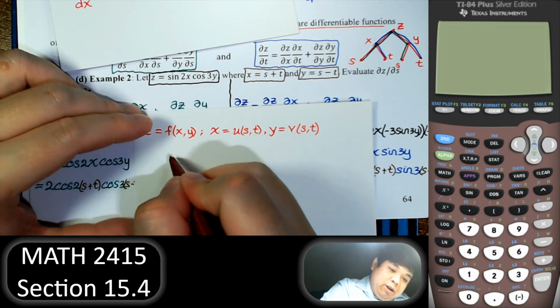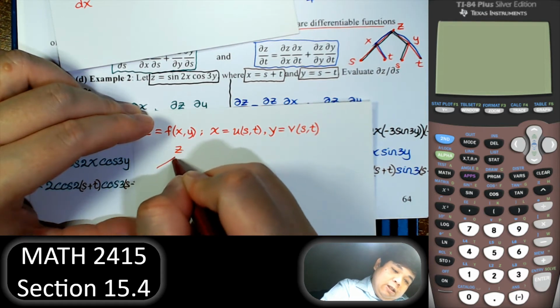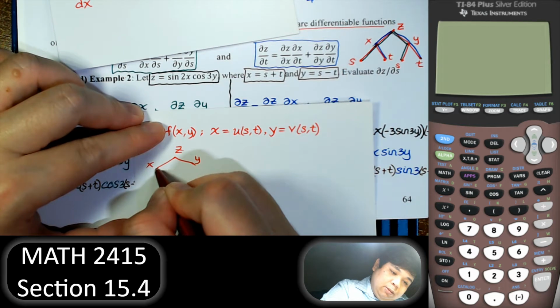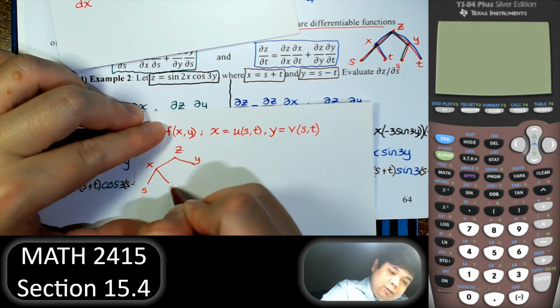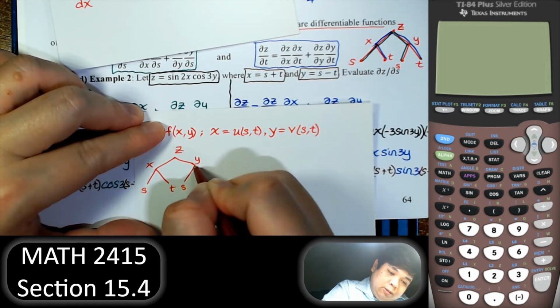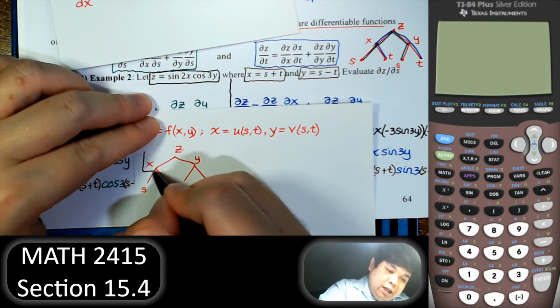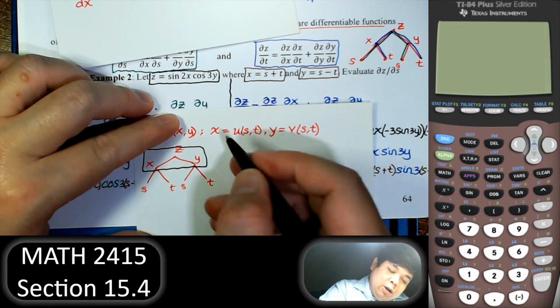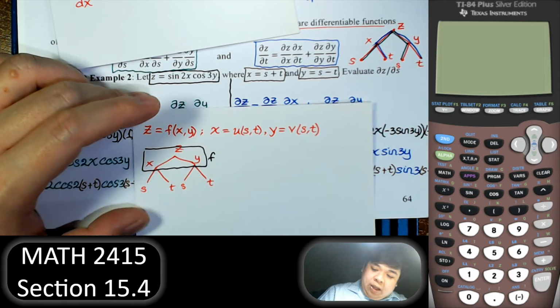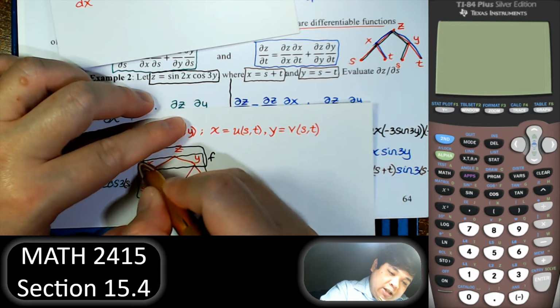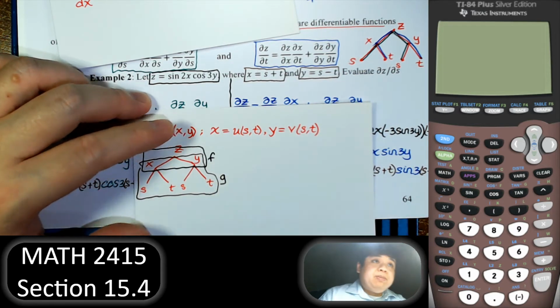Let's put it in a diagram. So the function z of x and y, we call that function f. And if we put together x and y as a function of s and t, we call this function g.